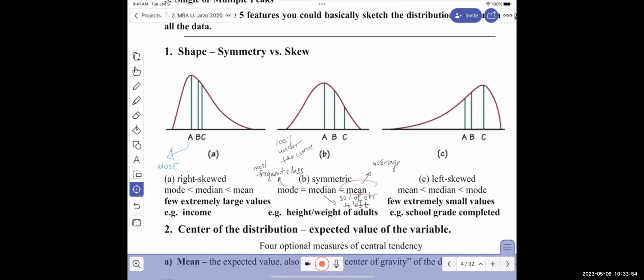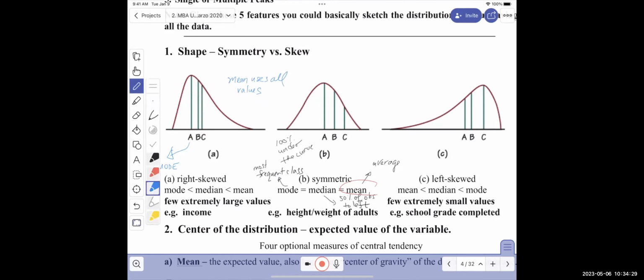Because to calculate the average, the mean, you use all the values to compute it, right? It means you're also going to include these very extreme values when the other values are mostly over here, and that results in pulling the mean away from the mode and putting it here.